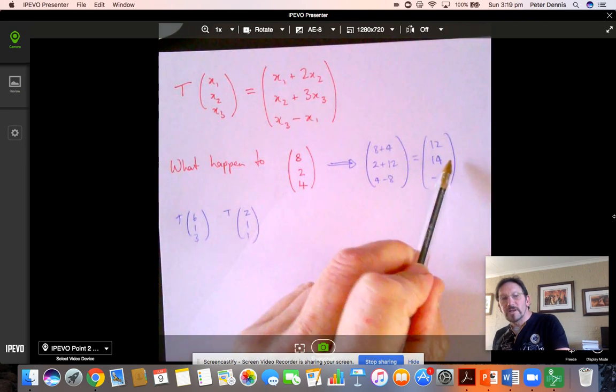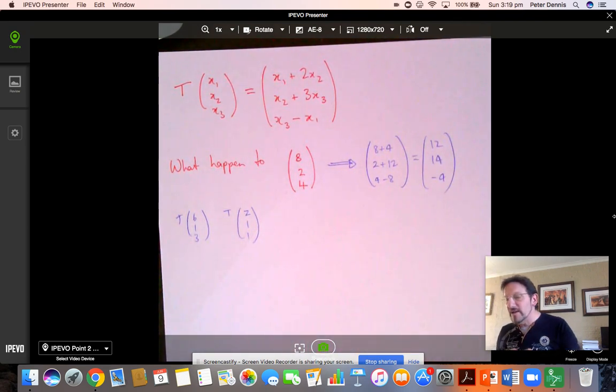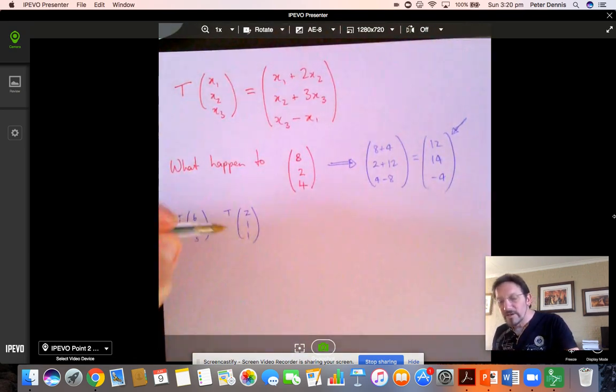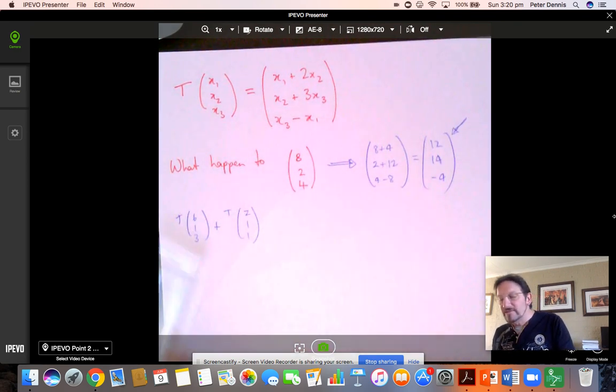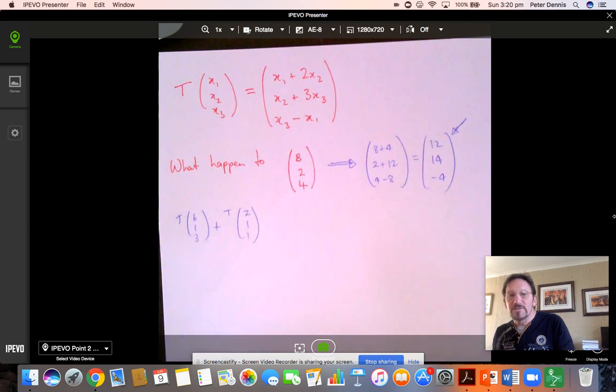If this is linear, we should get this as an output if we do the transformations and then add, instead of adding and then doing the transformation. It should be exactly the same thing.